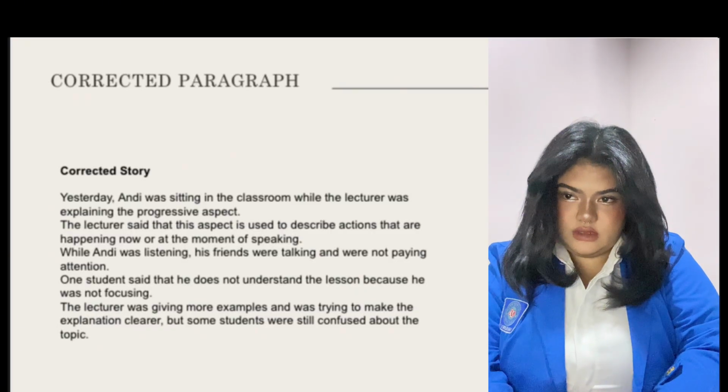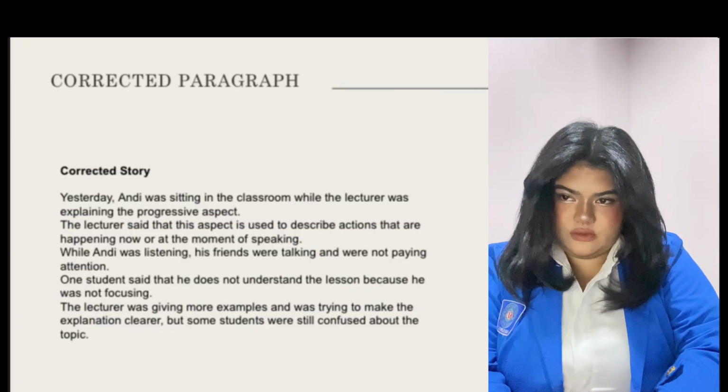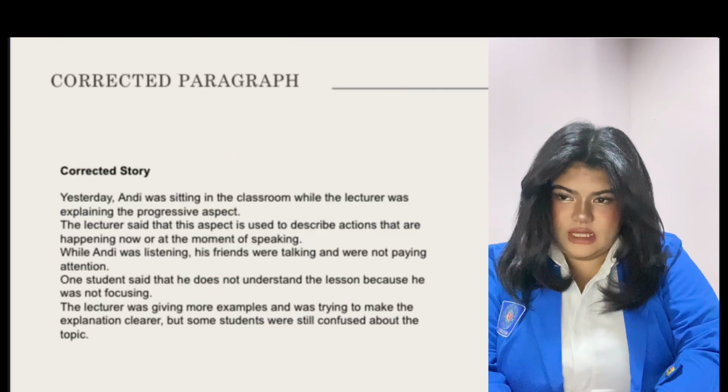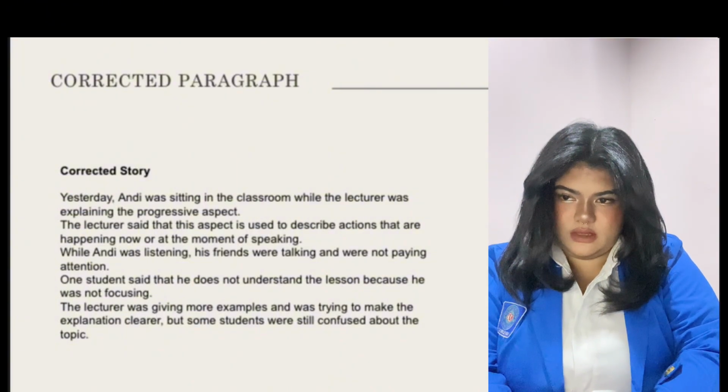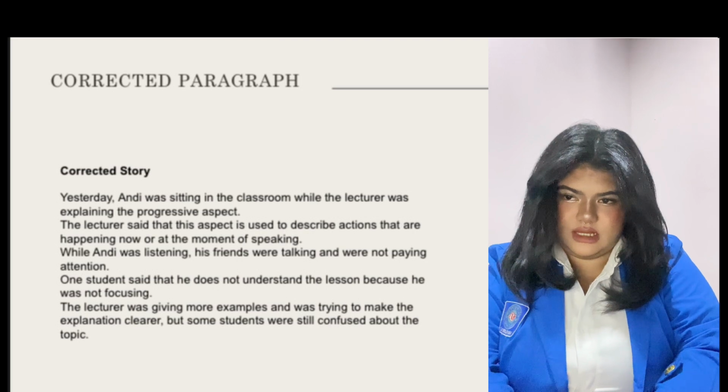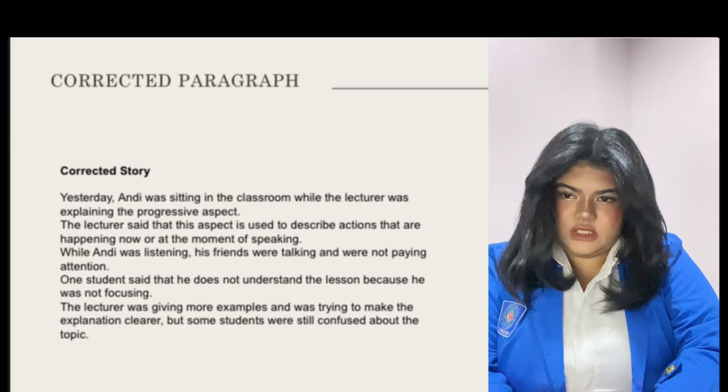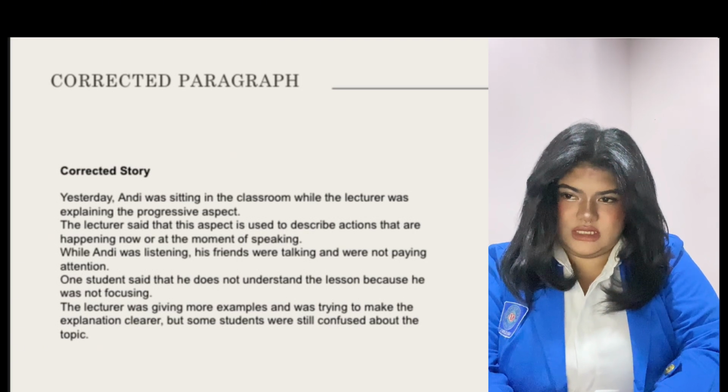So the corrected paragraph is: Yesterday, Andy was sitting in the classroom while the lecturer was explaining the progressive aspect. The lecturer said that this aspect is used to describe actions that are happening now or at the moment of speaking. While Andy was listening, his friends were talking and were not paying attention.